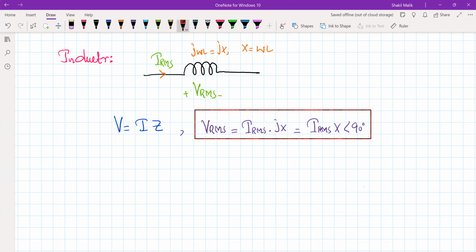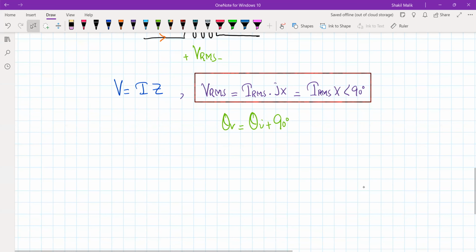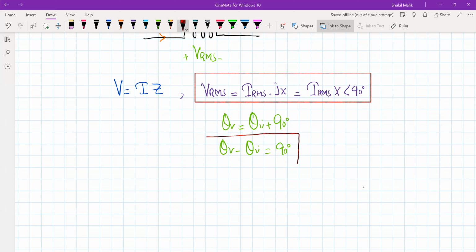In other words, theta V is equal to theta I plus 90 degrees. Theta V minus theta I is 90 degrees. So the phase difference between voltage and current in this inductor is plus 90 degrees. The voltage phasor leads the current phasor by 90 degrees, or in other words, the current lags the voltage by 90 degrees.